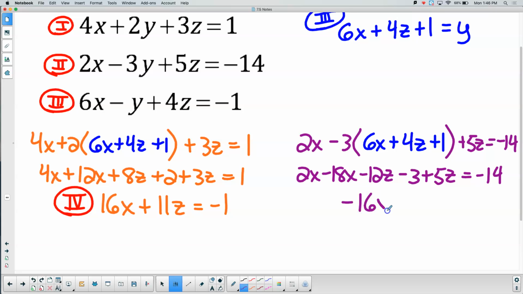Negative 16x minus 7z equals negative 11. Call that equation number 5.